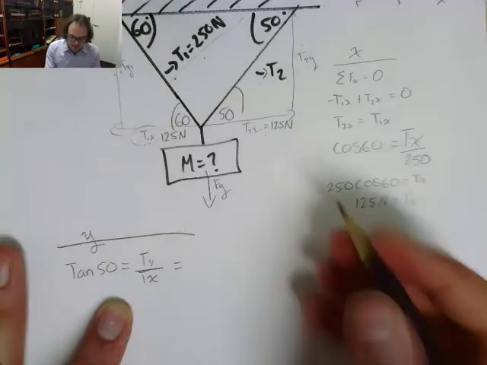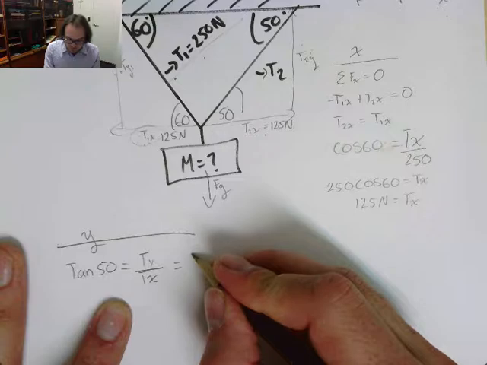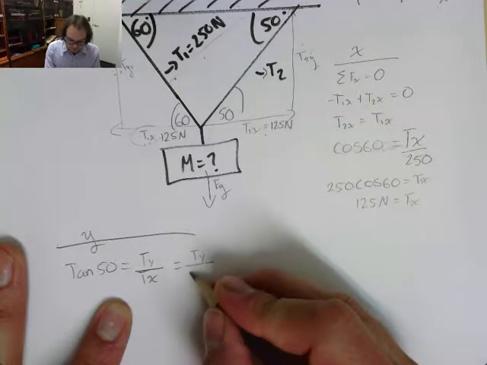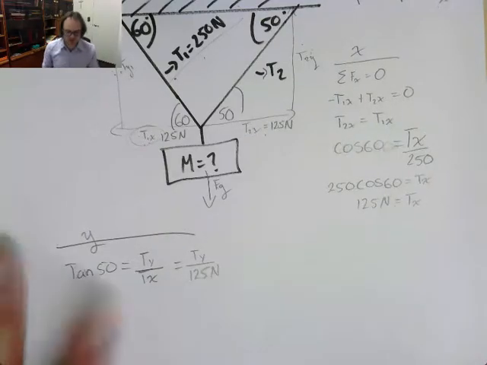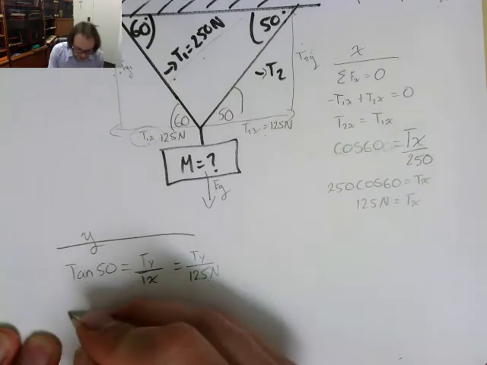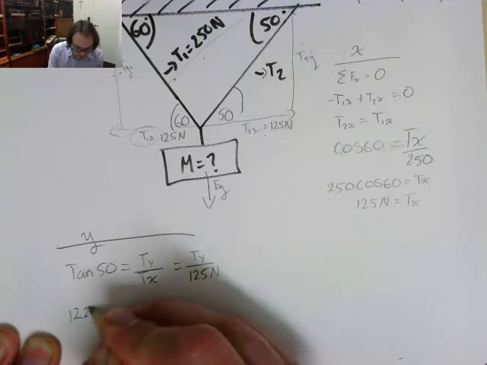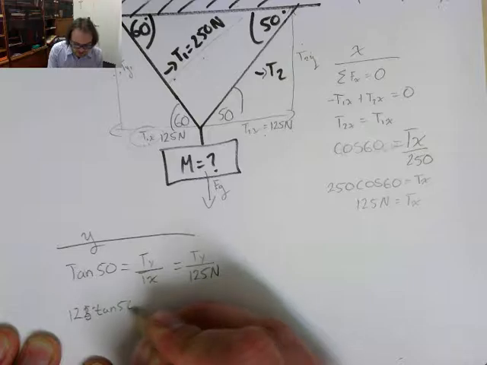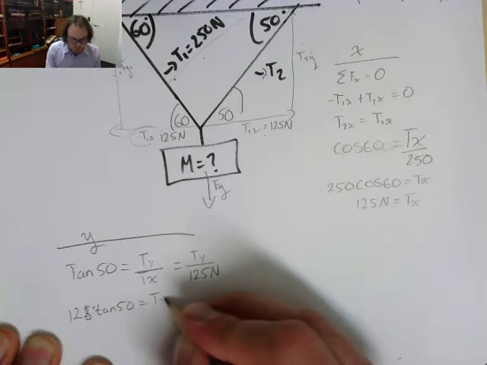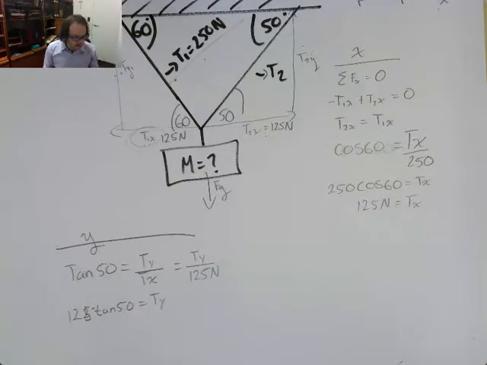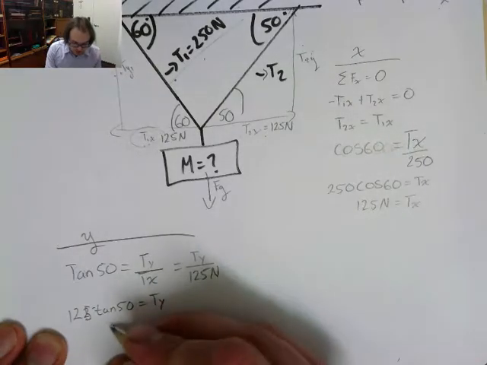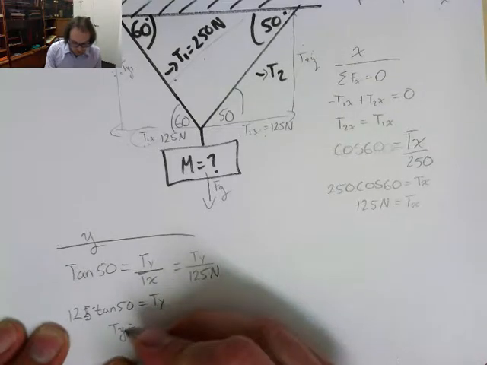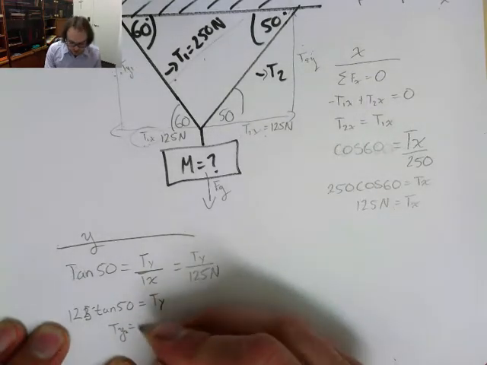In this case, it is equal to my tension in y divided by 125 newtons. So in other words, 125 tan 50 is equal to my tension in y. I plug that in, and this is T2y by the way, and it is equal to 149 newtons.